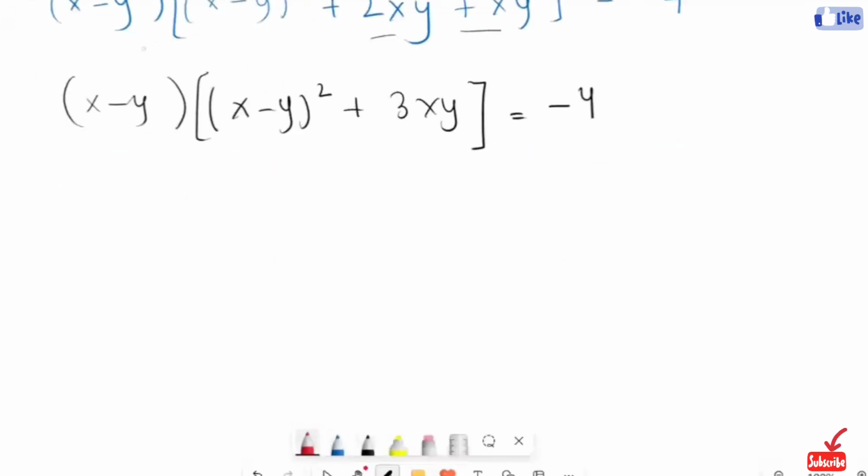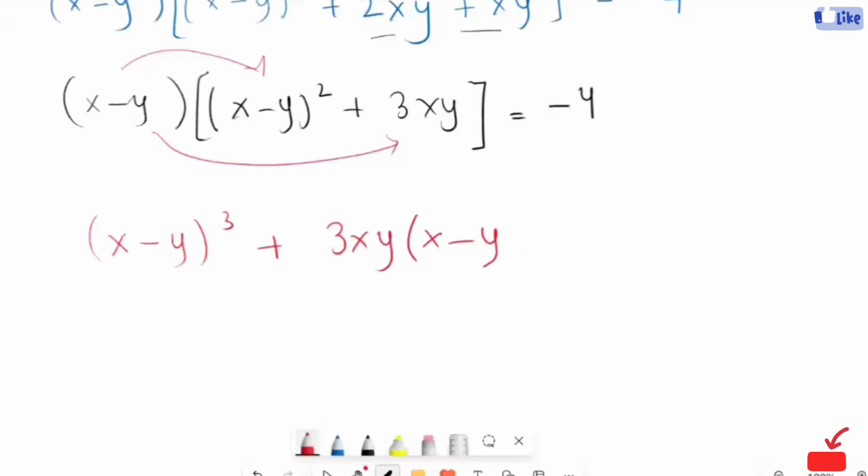Next, I will multiply this (x minus y) with this and with this. So it will turn to (x minus y) whole raised to the power 3 plus 3xy times (x minus y) is equal to minus 4.